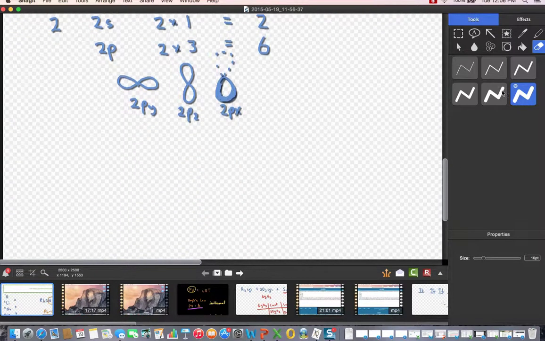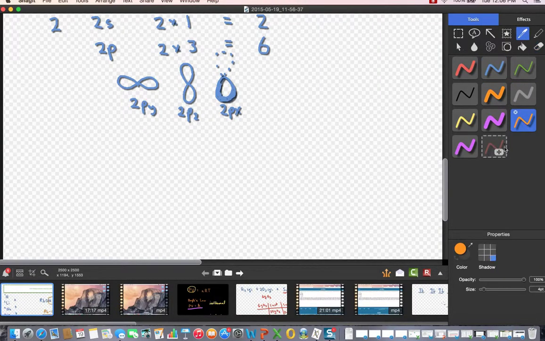So in the second row of the periodic table, we have lithium, beryllium, boron, carbon, nitrogen, oxygen, fluorine, neon. And if you count these, we have 1, 2, 3, 4, 5, 6, 7, 8.